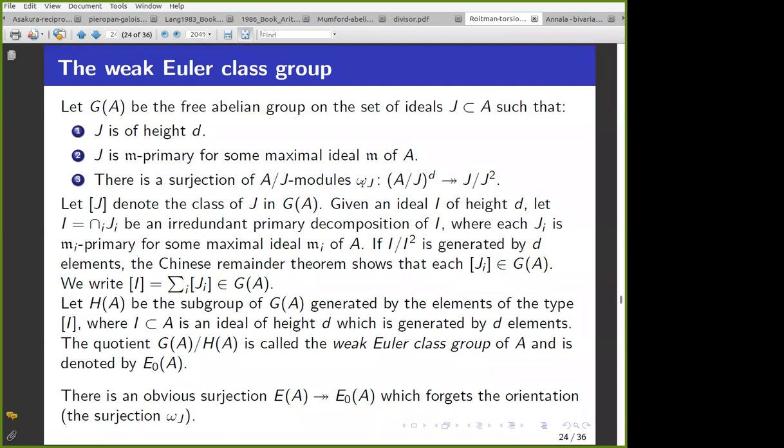That's the difference. This then is called a weak Euler class. And the rest is basically all the same. So let's call this E0 of A. Clearly, forgetting the orientation gives you a surjection from E of A to E0 of A, the Euler class group to weak Euler class group.